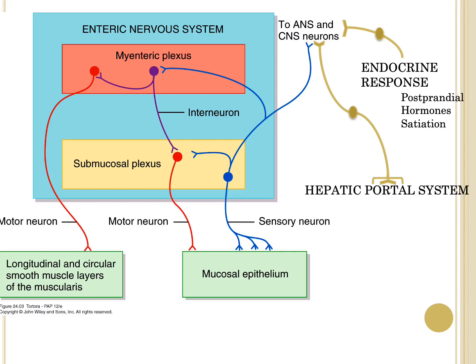The sensory pathways will lead into relays into the autonomic as well as into the central nervous system pathways. We're going to have secondary signals coming from the hepatic portal system.